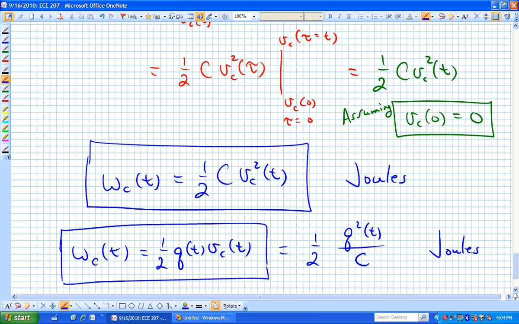Using this formula, Q is equal to CV, and solving for V, or getting rid of V in that left portion of the expression of the energy of our capacitor. Questions on that?